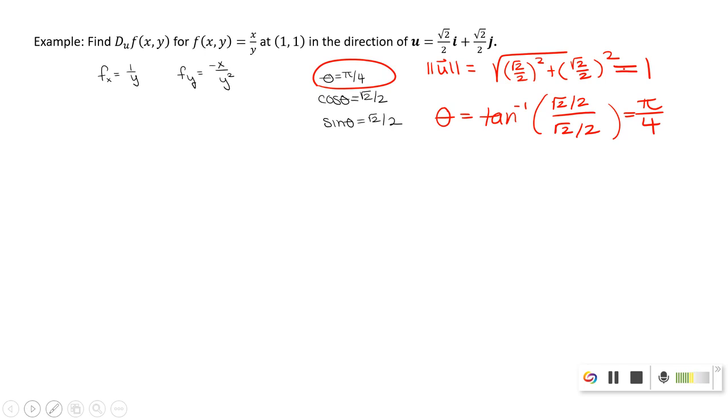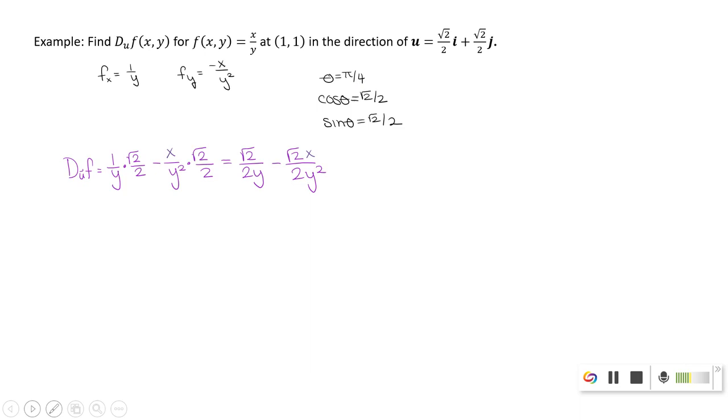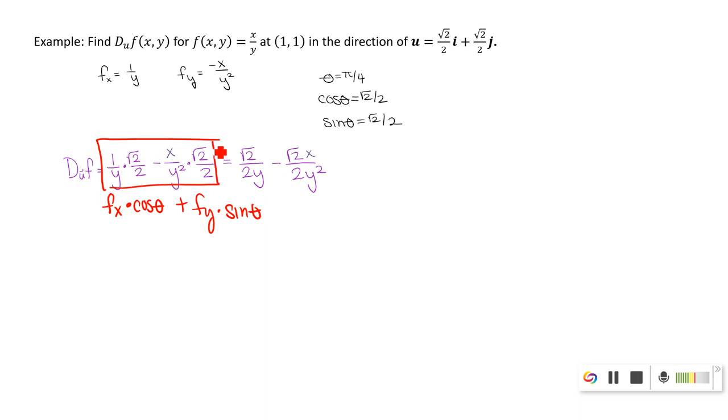Okay, but regardless, my direction angle is pi over 4. Cosine theta is root 2 over 2. Sine theta is root 2 over 2. And so then my directional derivative is the derivative with respect to x times cosine theta plus derivative with respect to y times sine theta. That's what I have written down on the screen: 1 over y times root 2 over 2 minus x over y squared times root 2 over 2.